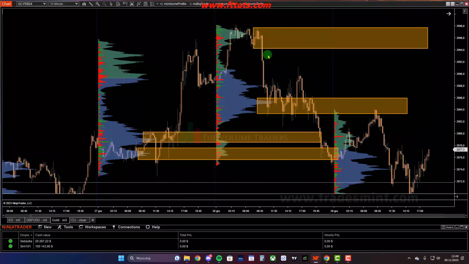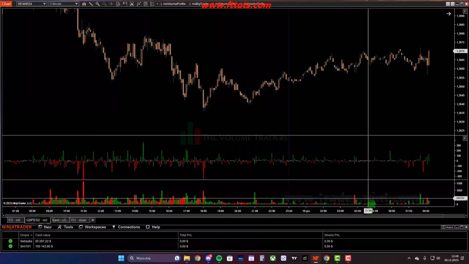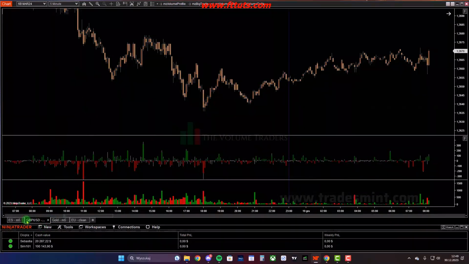For me personally, the volume profile is most important when I'm preparing for my trading. The first bigger zones I mark with the volume profile tools, and then the zones which I will mention very soon, I use as a scalper. These are very short-term areas I use with volume and delta. And for this purpose I will use GU.